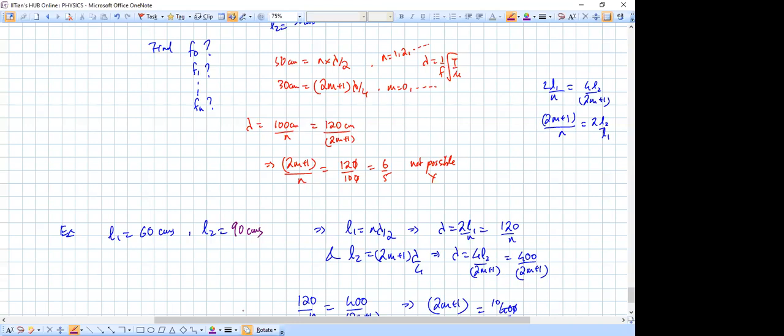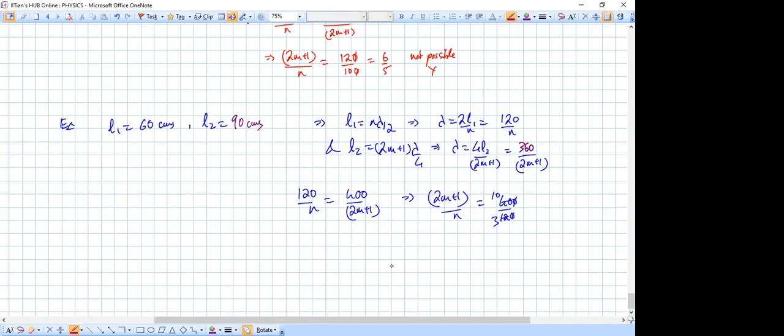Okay, so let's see what we get now. So if you make L2 90, I think now it will give us something that makes sense. It's not that what we did earlier doesn't make sense, it's just that those strings will not support any harmonics. But this particular case now, it will support harmonics.